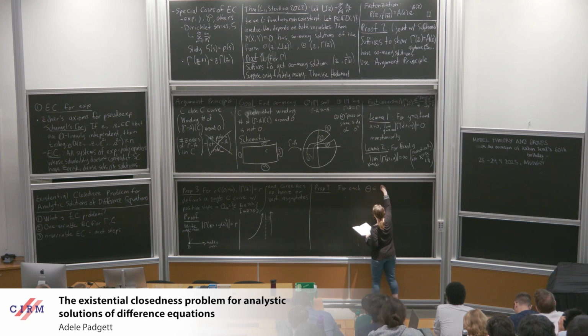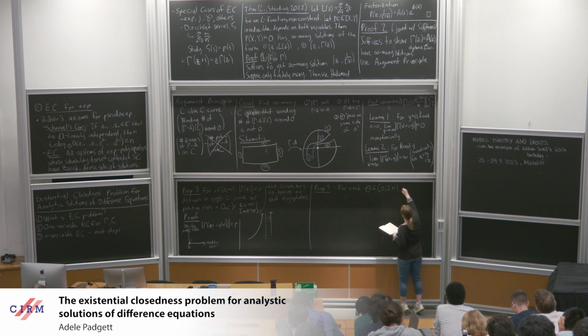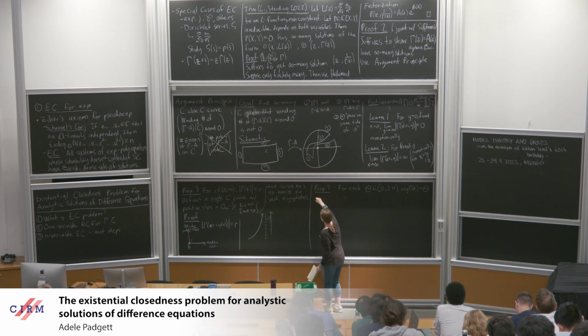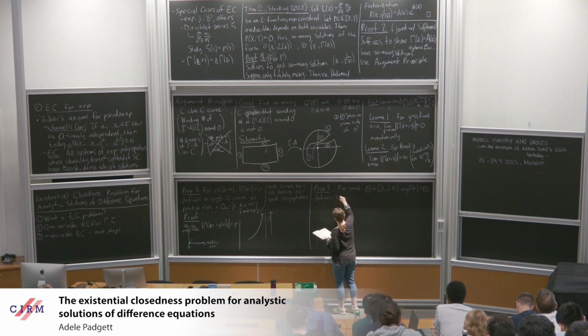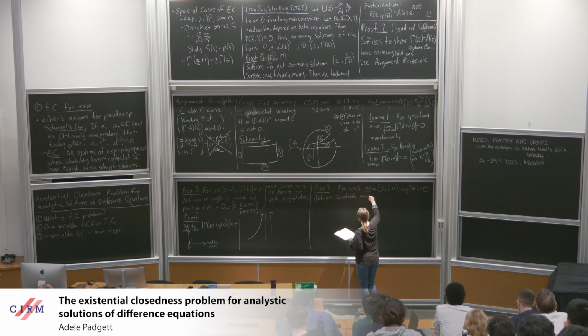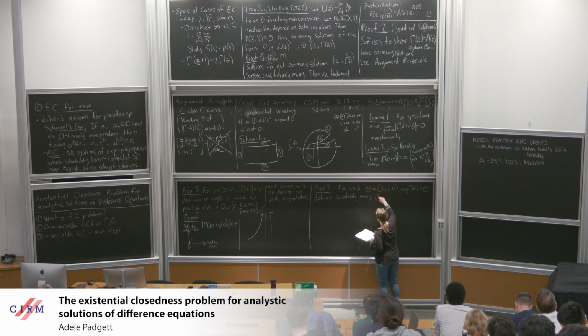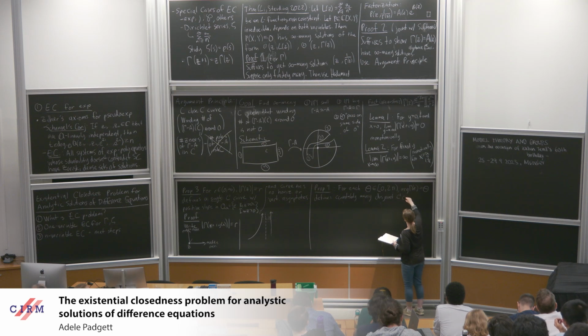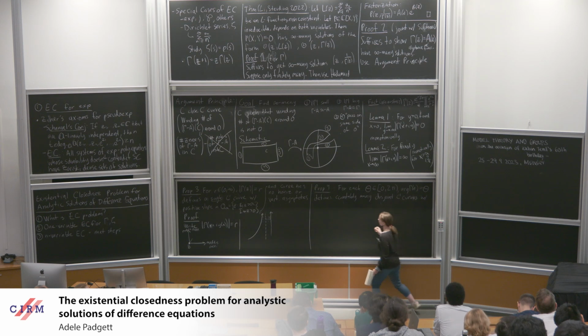So for each theta in 0 to 2 pi, the equation argument of gamma of z is equal to theta defines countably many disjoint C1 curves with negative slope.